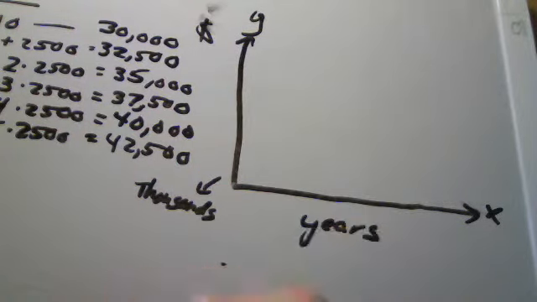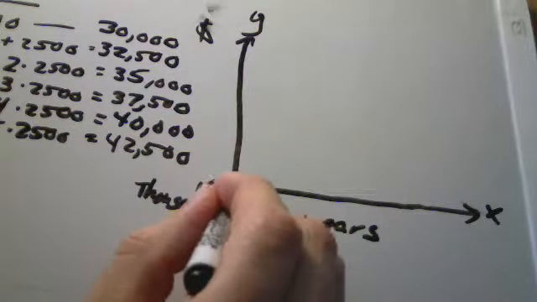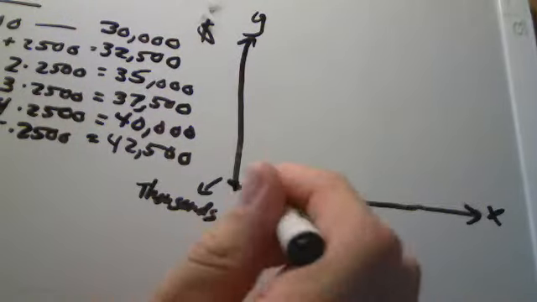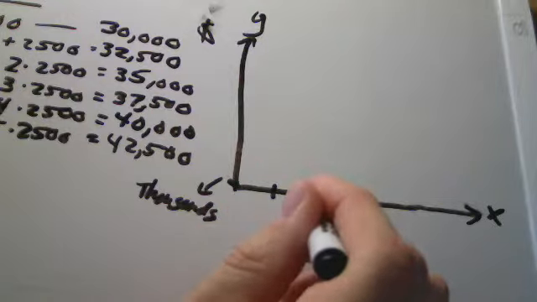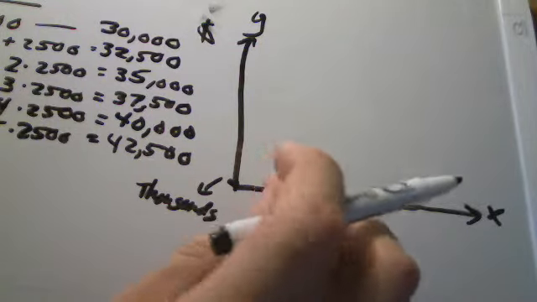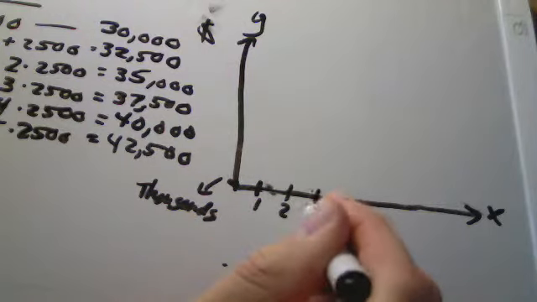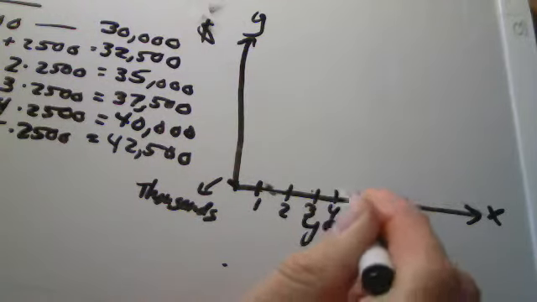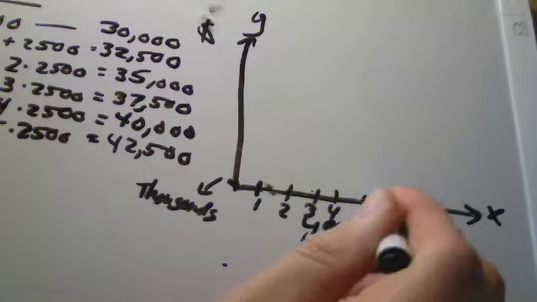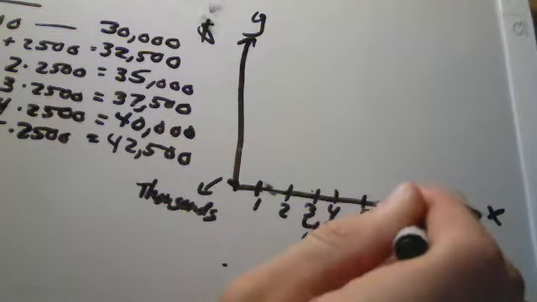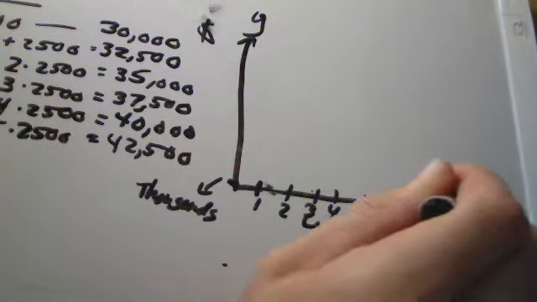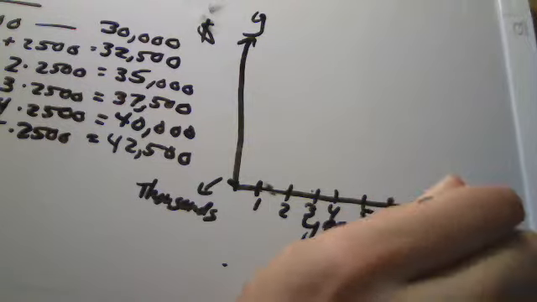The years is going to be easy because it goes from 0, 1, 2, 3, 4, 5. Here's my 0, and then let's do 1, 2, 3, 4, 5, and since the problem says we need to go up to 10, 6, 7, 8, 9, 10.